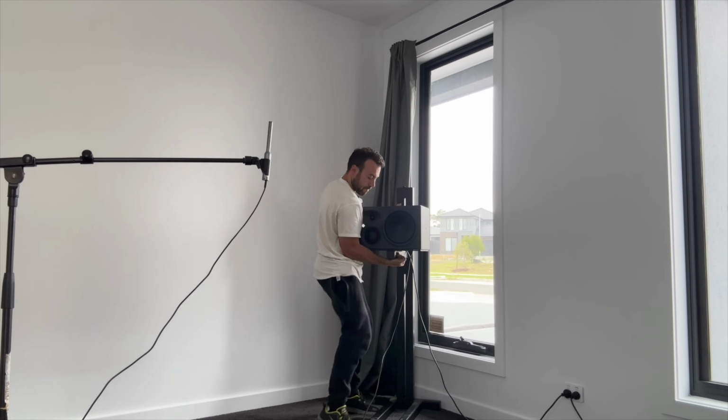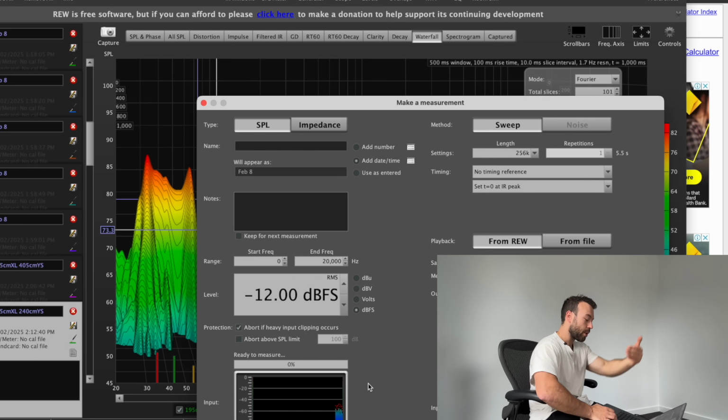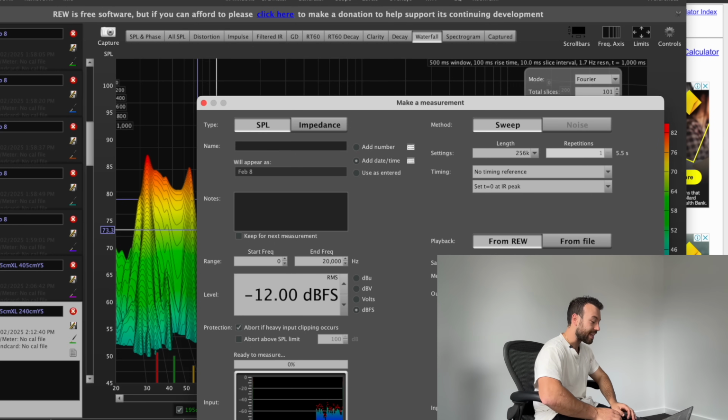So let's see. Let's go. I reckon I'm going to be in for a treat here. So now what I've done is we've brought the speakers off the x-axis a little bit to see if that helps anything.